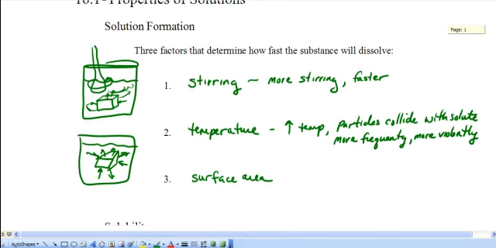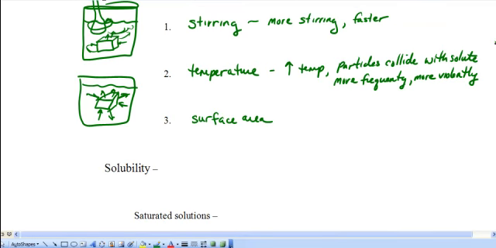And then finally, in terms of surface area, the greater the surface area you have, and I'll just say SA for surface area, the greater the surface area, the faster it dissolves, and here's why. If we have two samples, here's the first cube, it's only the outer edge of this cube that the water molecules are colliding with.